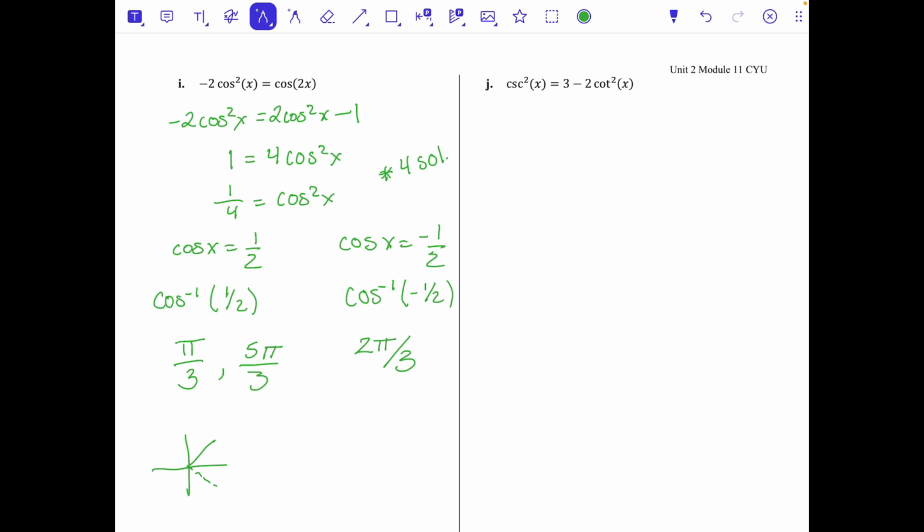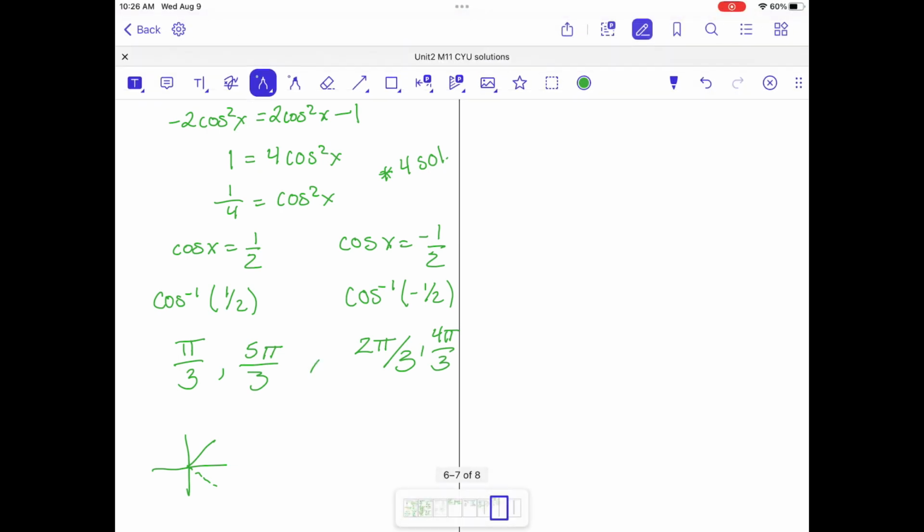And then the matching angle for our one in quadrant 2 would be in quadrant 3, and that would be 4 pi over 3. You could plug these into the calculator to see the decimal form of these numbers. I just keep them in the pi over 3 setup, and that's perfectly acceptable.